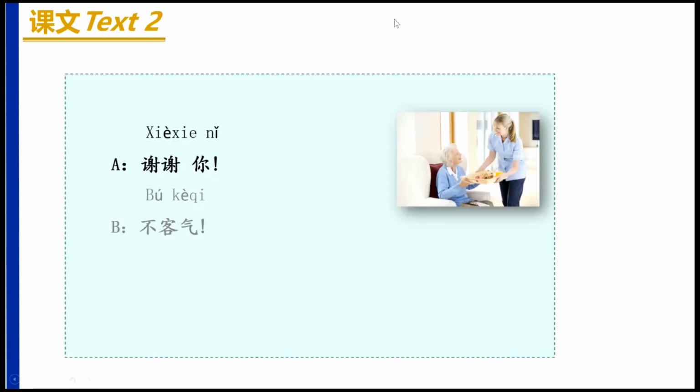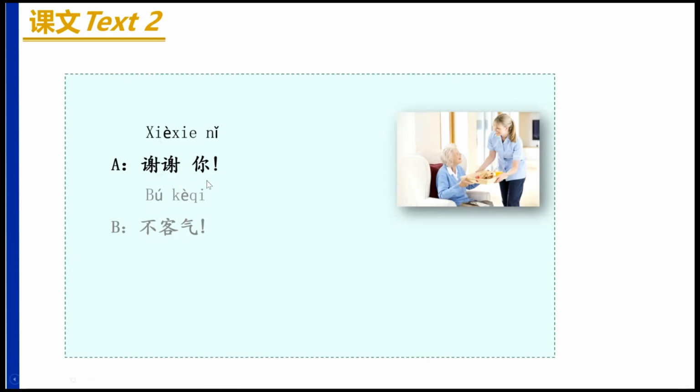Text 2. First, try to read on your own and practice Pinyin. 谢谢你，不客气。谢谢你，不客气。We just learned 谢谢 means thank, right? And the last class we learned when we say hello, we say 你好. That means I wish you all well.